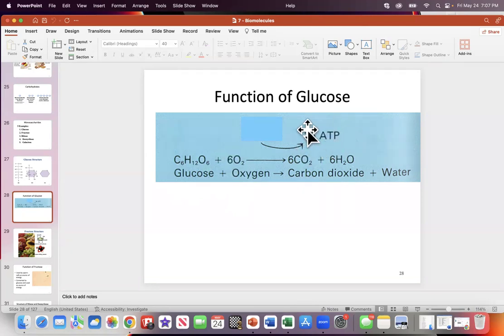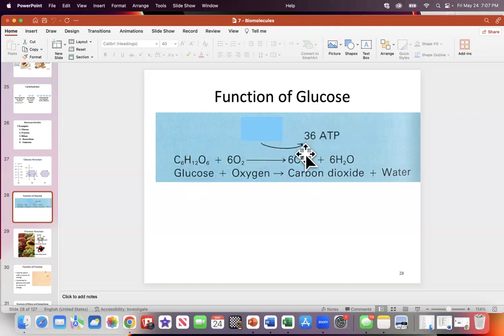Some textbooks say 36. I think your textbook says 38. So when we talk about the energy synthesis, and we will explain in detail, we will say 38 ATPs. At this moment, don't worry about this. Only know, okay, glucose, its job is to produce ATP.